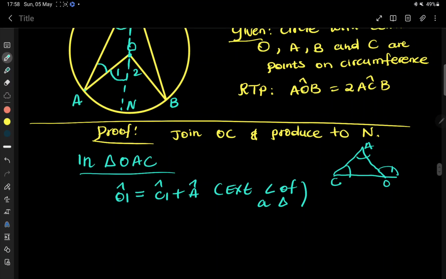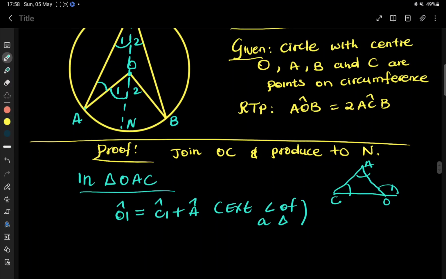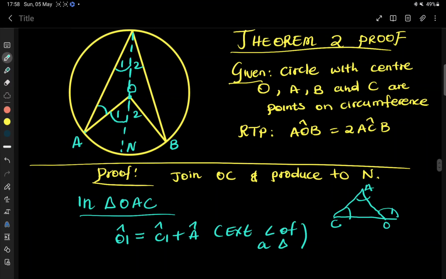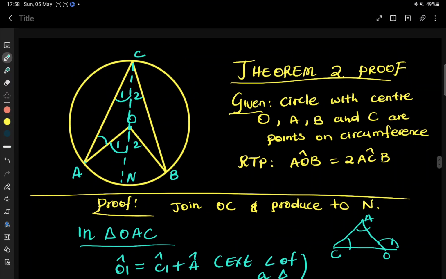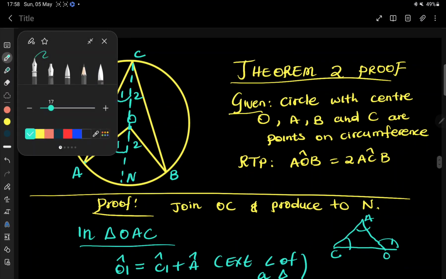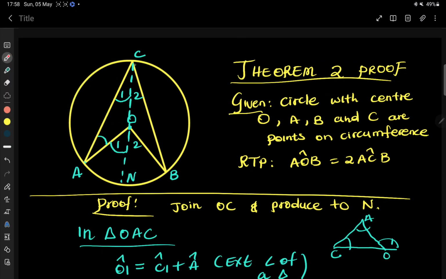Then from there, we have equal radii. We see what is happening here. Check here. In this triangle, this is equal to that.